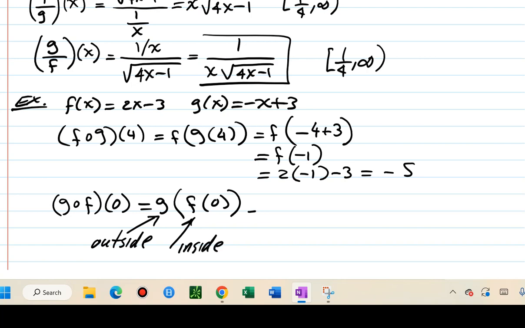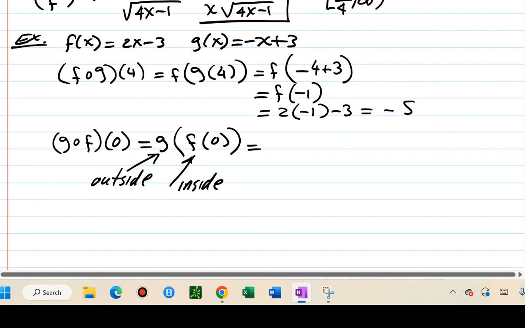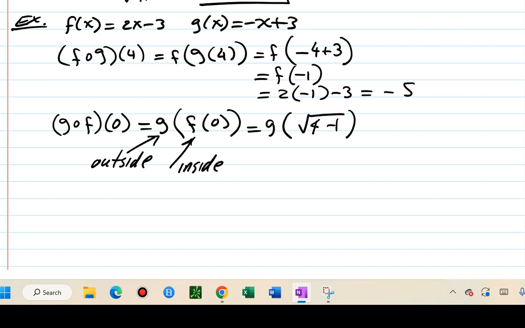If you try to remember this in your higher math, this is really going to help you a lot. All right. So remember what f does. F is the square root of 4x minus 1. So f at 0 will make this 4 times 0 minus 1. True? 4 times 0 is 0, and 0 minus 1, aha.